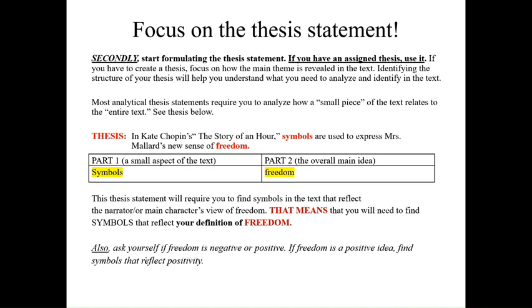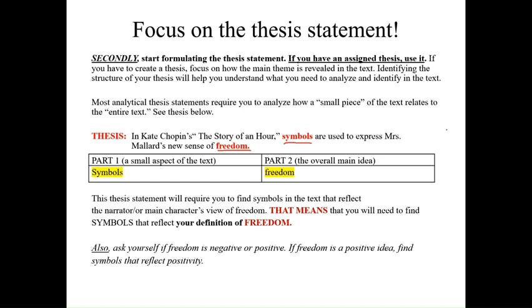So here in Kate Chopin's The Story of an Hour, this is our practice text, we're going to show how symbols, a small aspect of the text, are used to express Mrs. Mallard's new sense of freedom. And freedom is the overall main idea of the text that we're trying to prove.